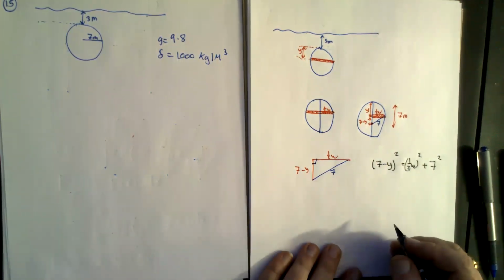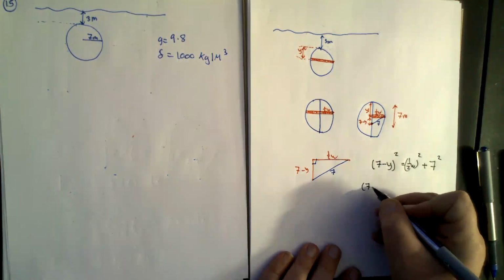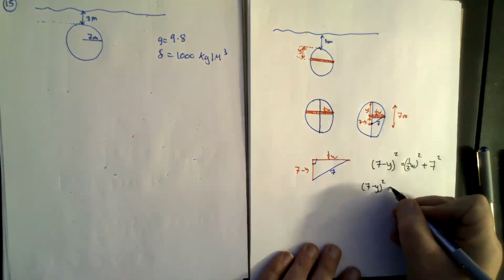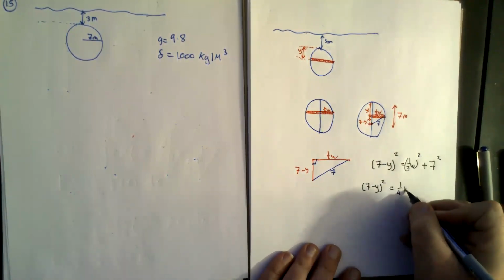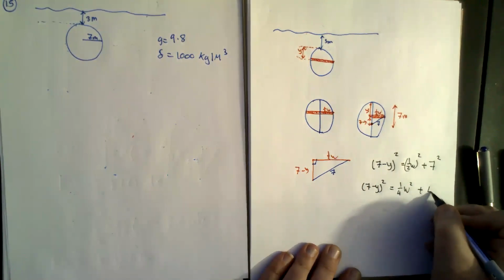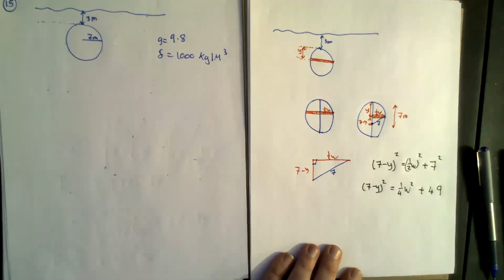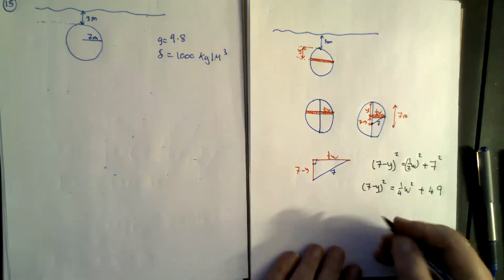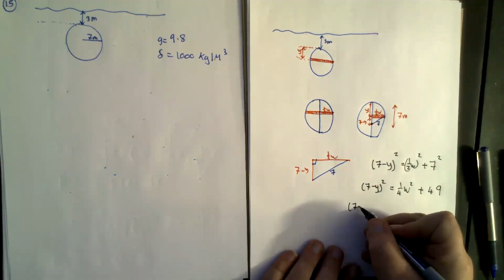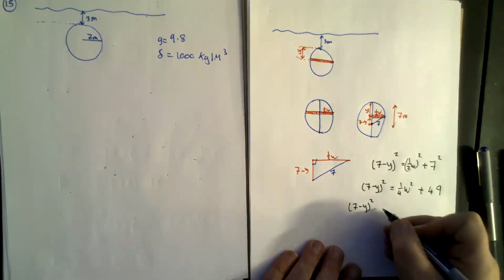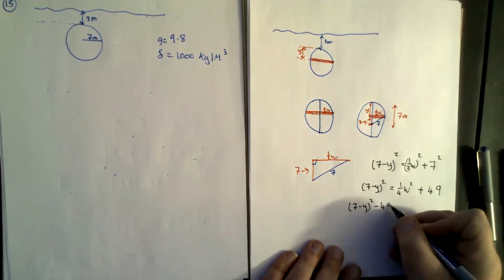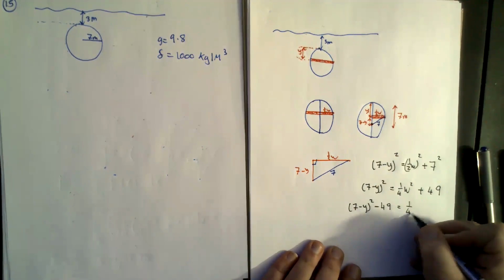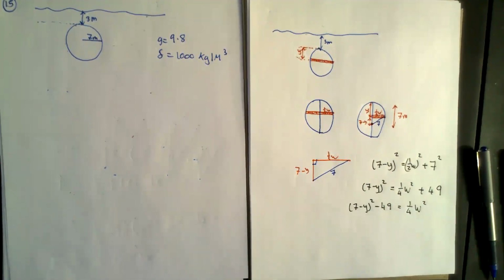And that guy is 7 take away y squared is 1/4 W squared, add 49. And so 7 take away y squared minus 49 is 1/4 W squared.